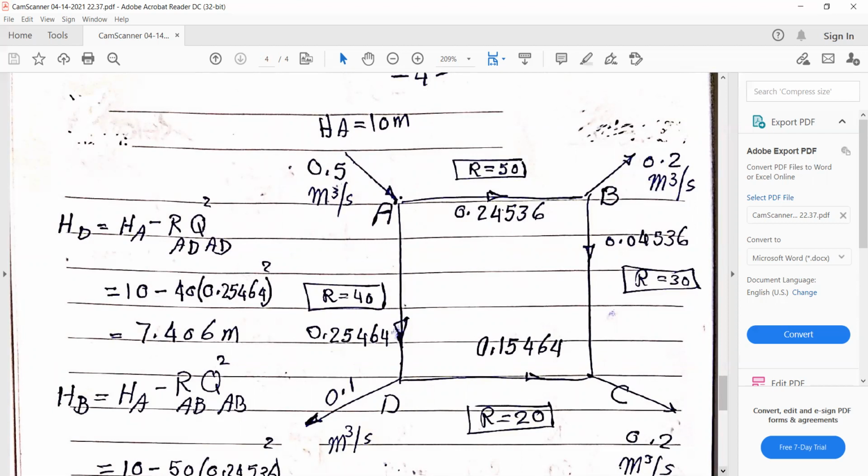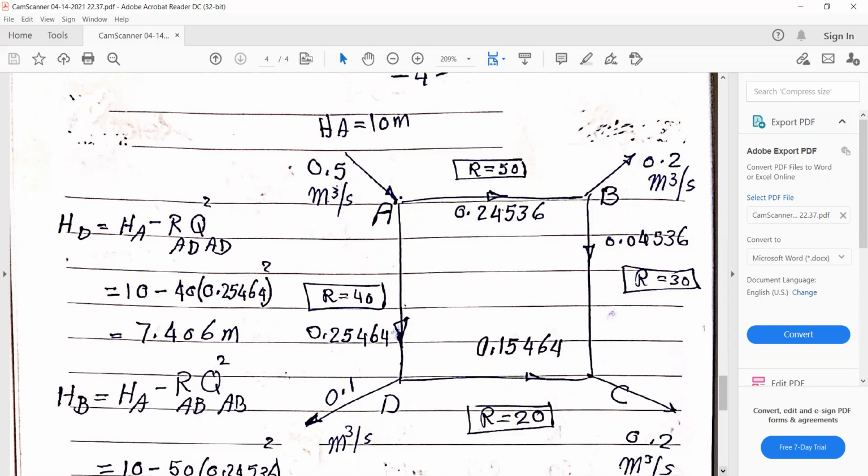Okay, now, since the flow is coming from A to D, HD will be equal to HA minus R in the pipe AD multiplied by Q squared in the pipe AD. Since the flow is coming from A to D, that means D has less head. With the word head here, as I mentioned in the last lecture, I mean piezometric head.